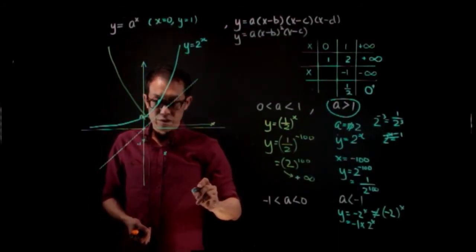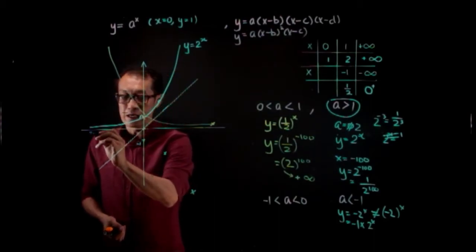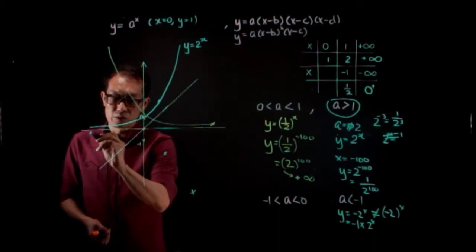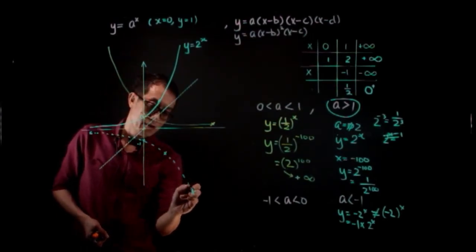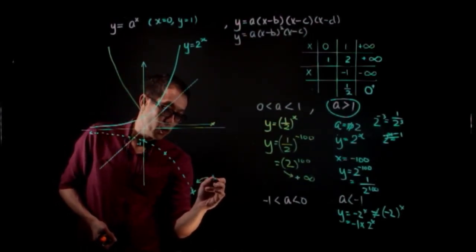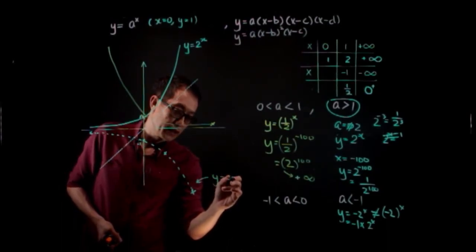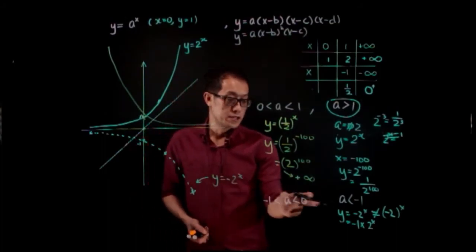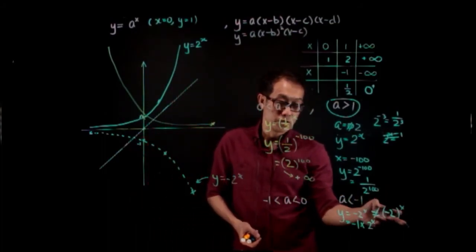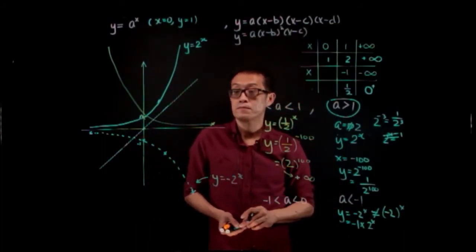And this graph will be here, and your graph will look something like that. This graph is y equals -2 to the power of x. Take note, it does not equal this.